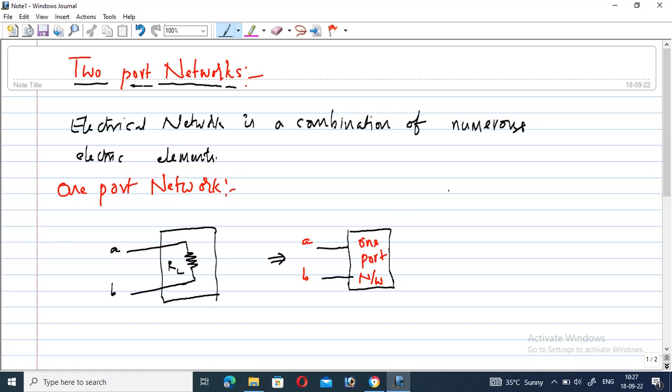So this is generally called a one port network, or else a two terminal network, because it consists of two terminals, right? Okay, so let us see what is meant by a two port network.